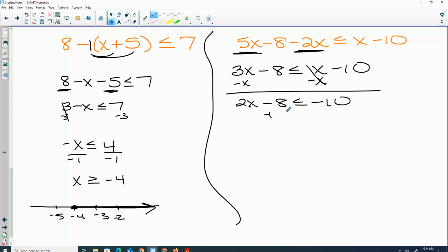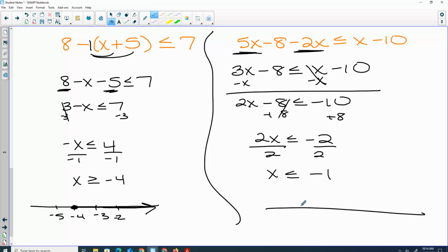Plus 8. So 2x is less than or equal to -2. Divide by 2, does that flip my inequality? No, because I divided by a positive number. So I get x is less than or equal to -1. So if you were graphing it, it would be a closed circle at -1, less than would go to the left.